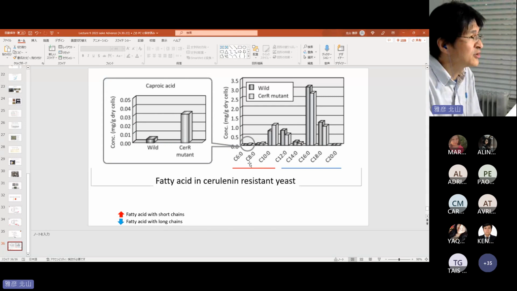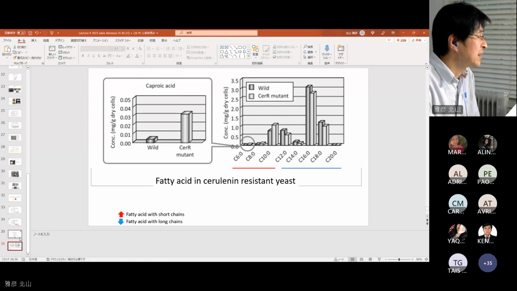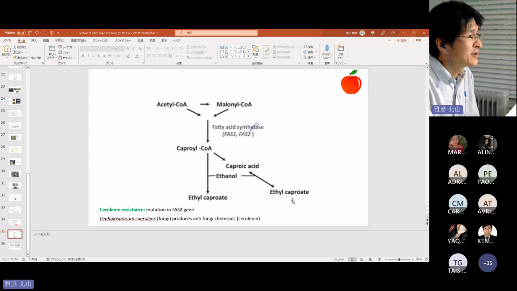C10. So it means small sizes of fatty acid will be produced within the cerulenin resistant mutant cell, because the long chain fatty acid production was inhibited within the cerulenin resistant mutant. And as a result, ethyl caproate, this is a kind of part of fatty acid.